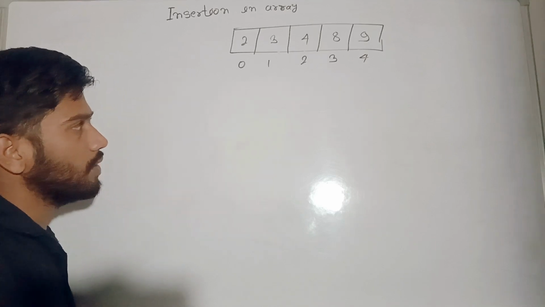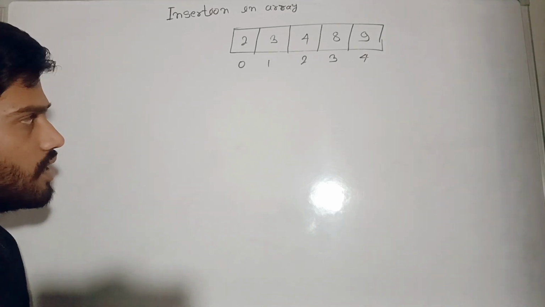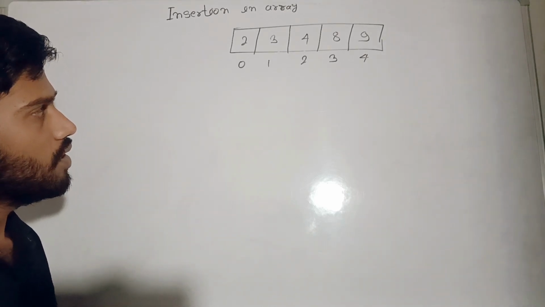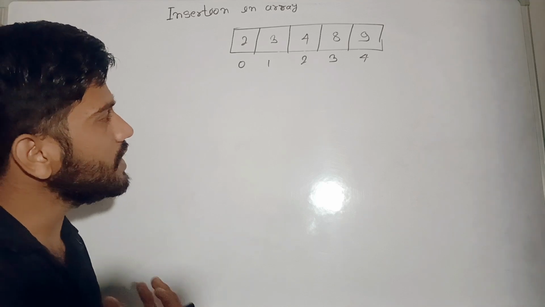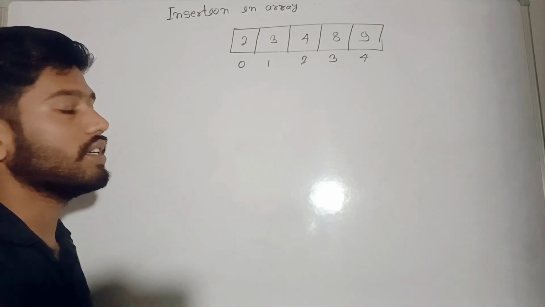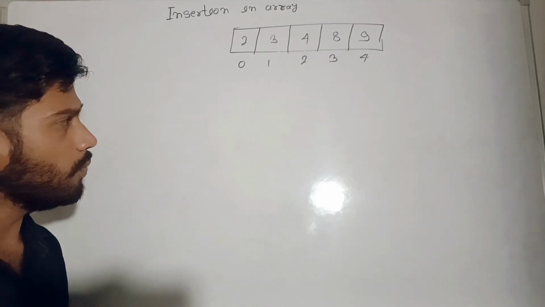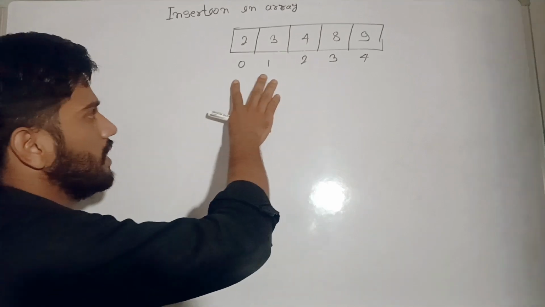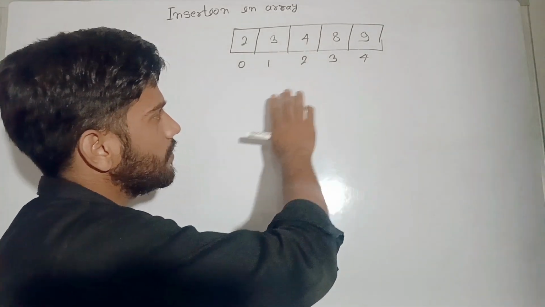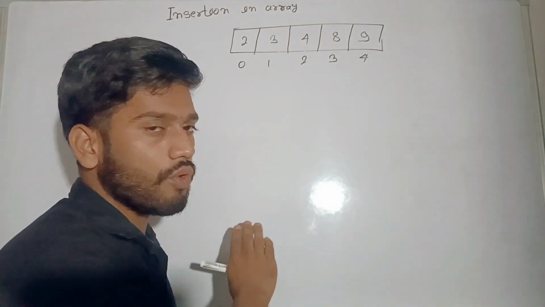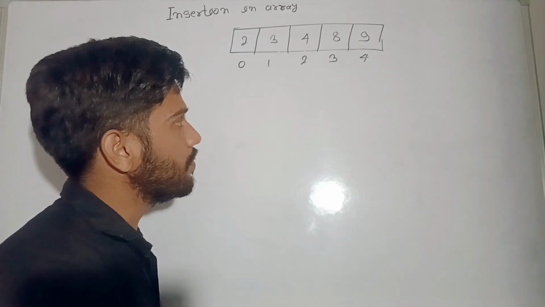Here is the challenging part: how to analyze an array and how to make free space to insert our data, because we know that an array is a collection of data in a contiguous manner.